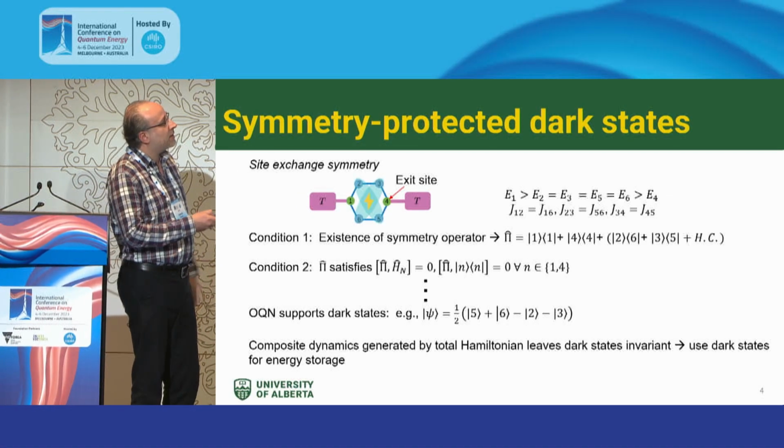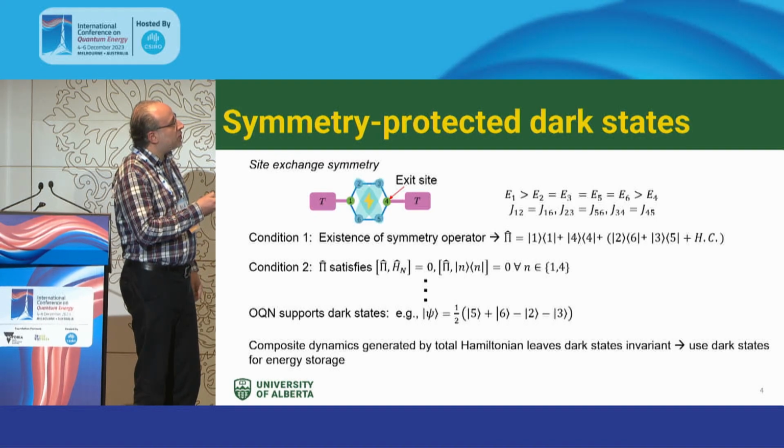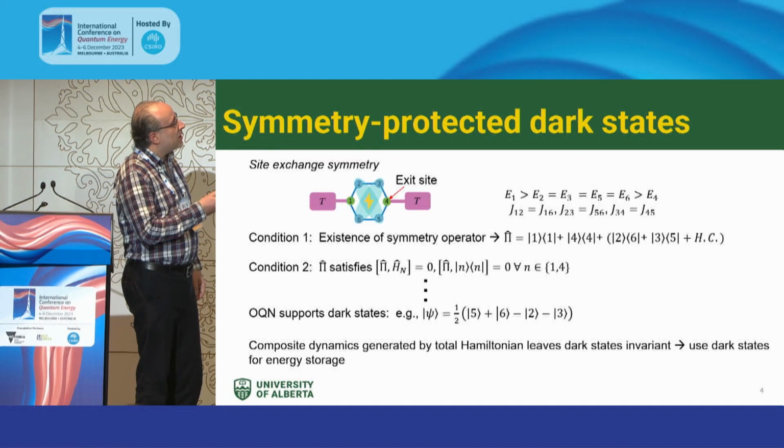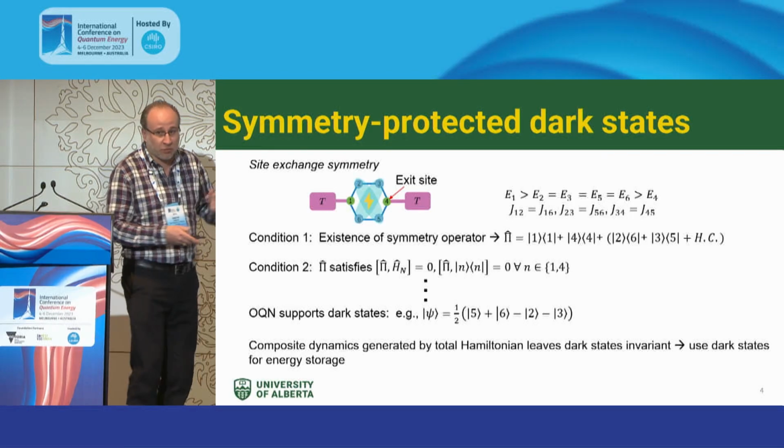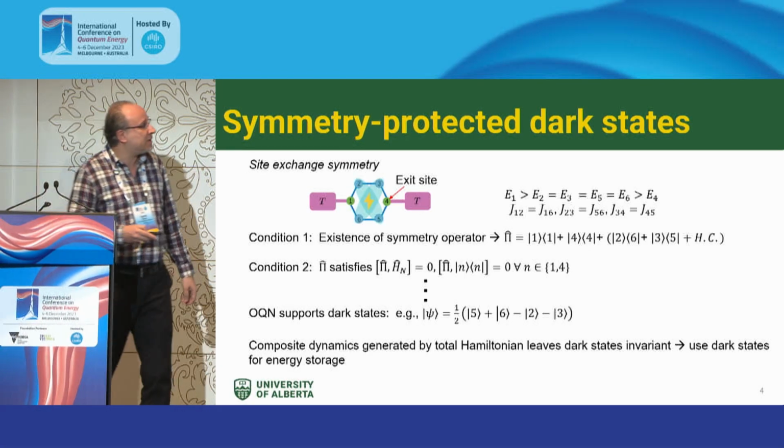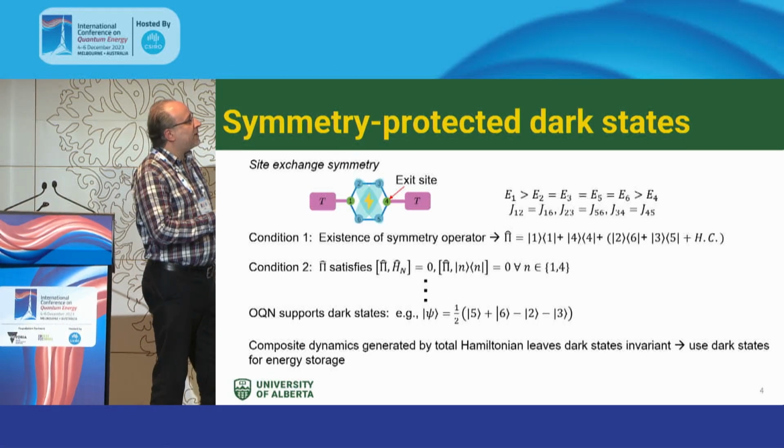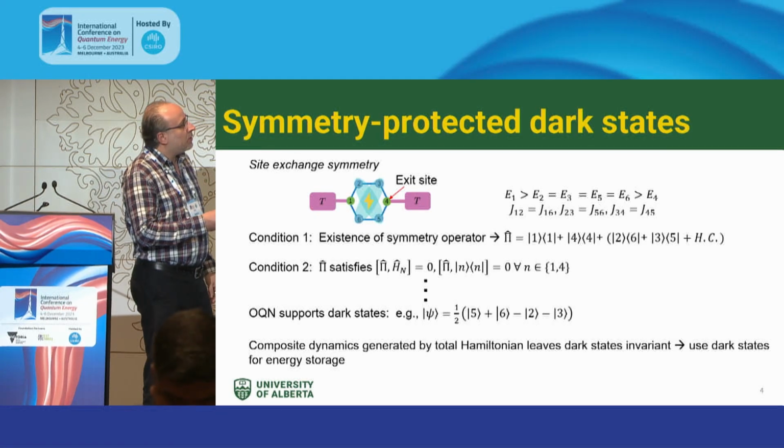And on top of that, if I take the coupling between 1, 2 to be equal to 1, 6, the coupling between 2, 3 to be equal to 6, 5, and the coupling between 4, 5 to be equal to 4, 3. So under those conditions, one can write down a symmetry operator, which looks like this.